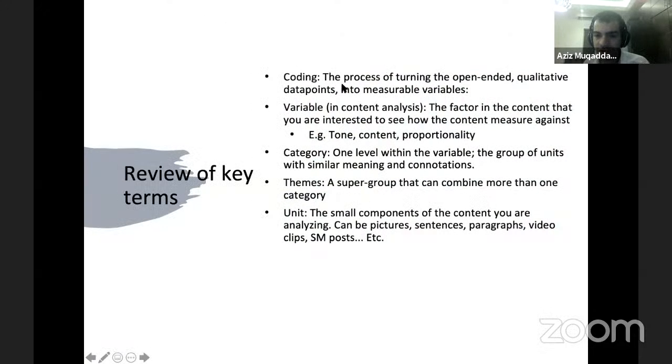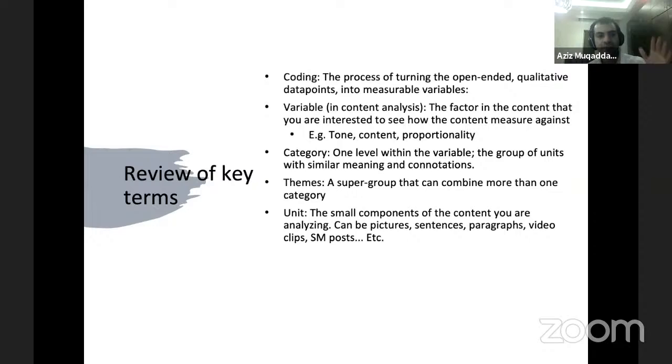Before that, I want to make sure everybody understands some key terminology we use when we talk about content analysis. What you're going to hear a lot is coding. Coding has nothing to do with programming in this sense. Coding is the process of turning open-ended qualitative data points into measurable variables, and you do that by assigning a number to each category, hence coding.